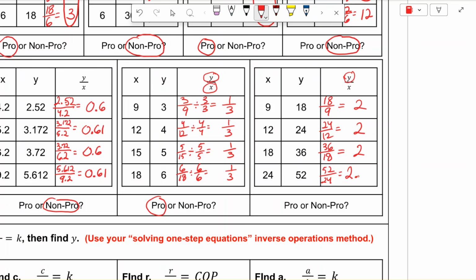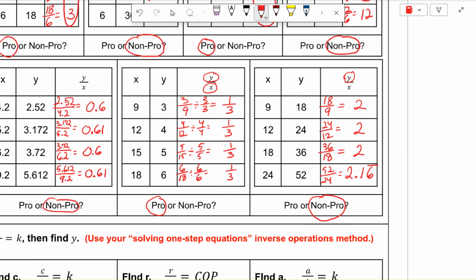It's 2.1666, and the 6 keeps on repeating forever. So we're going to call this 2.16 repeating. So this is different than the rest of the ratios, but this is a non-proportional relationship.